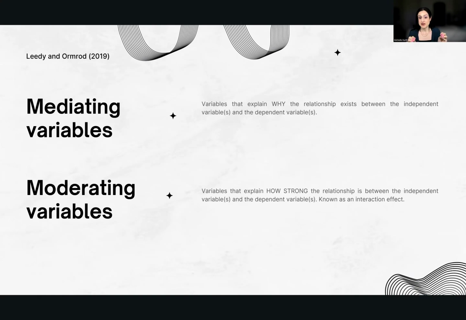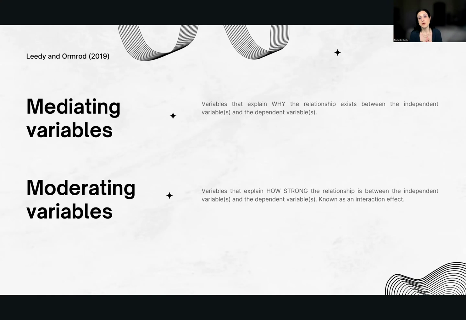Moderating variables are variables that explain how strong the relationship is between independent variables and dependent variables. You may also see this called, even as you're reading articles, an interaction effect. Is there an interaction?